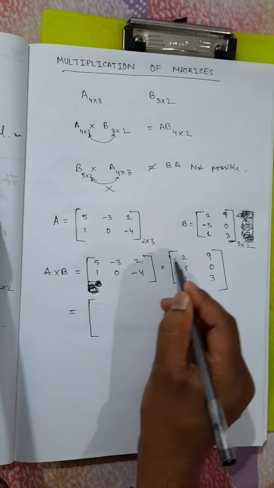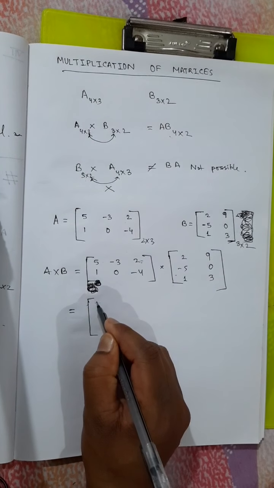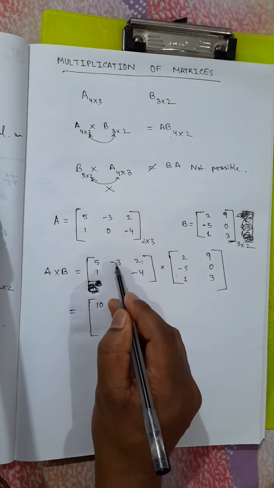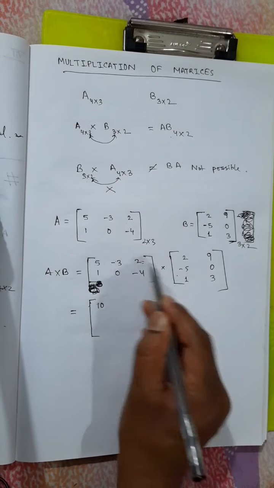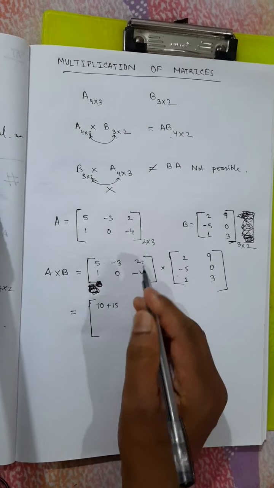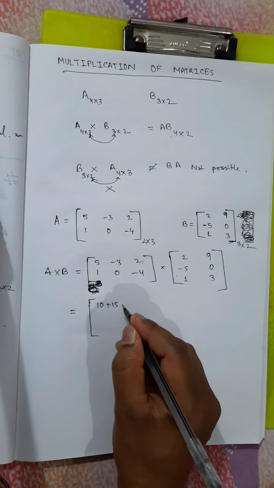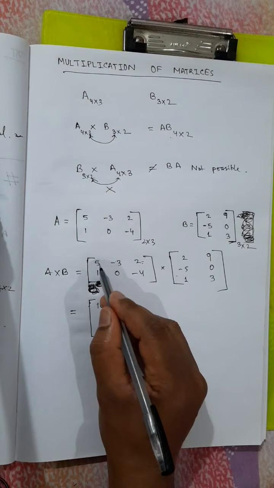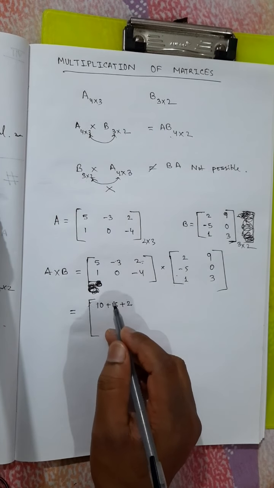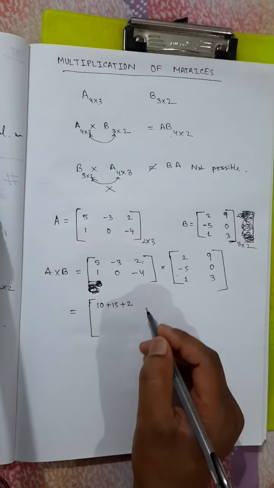So 5 into 2 is 10, plus minus 3 into minus 5, so minus minus plus, 3 fives 15, then 2 into 1 is 2. So first row into first column gives you the first element.